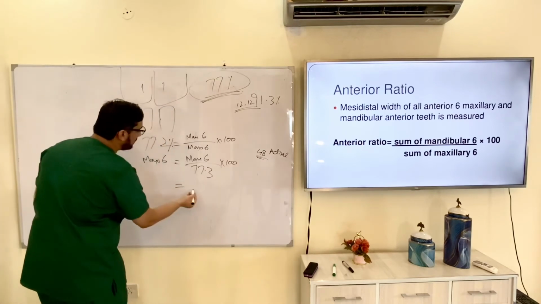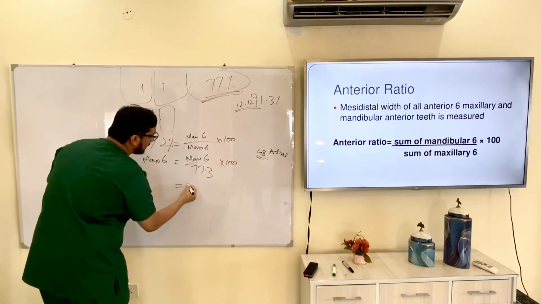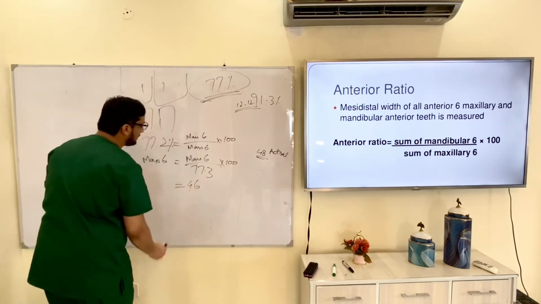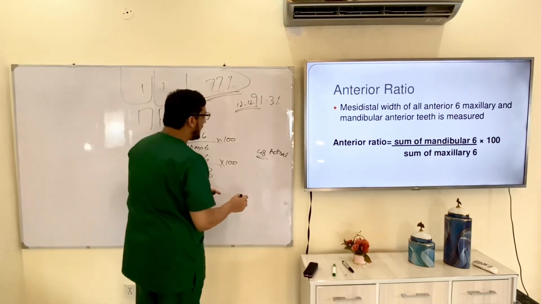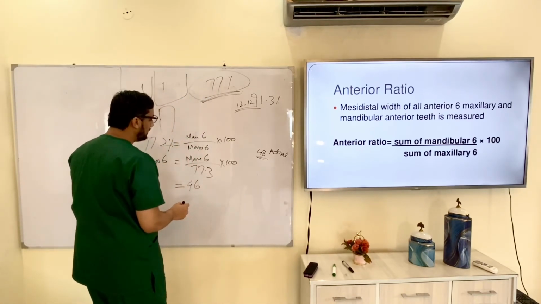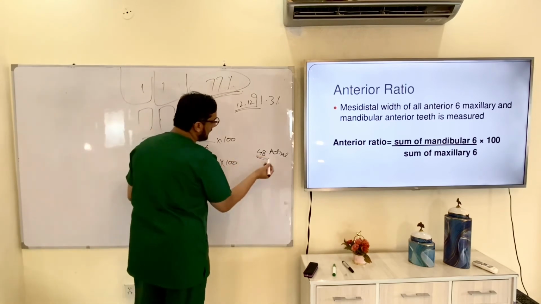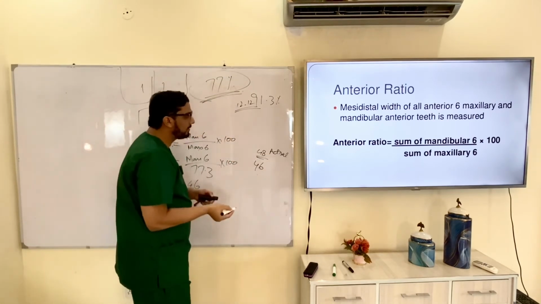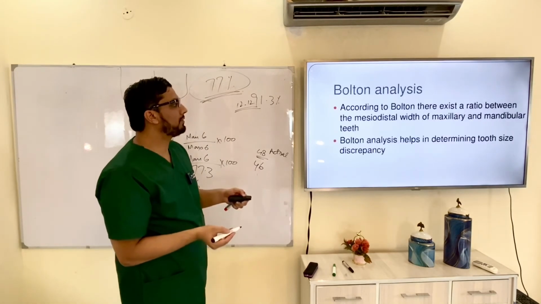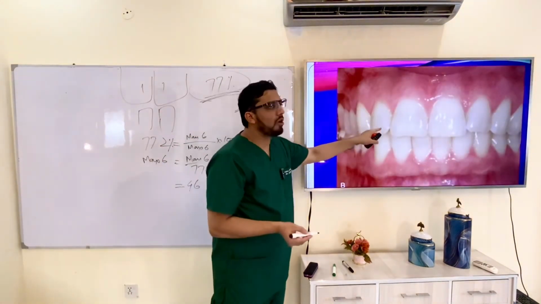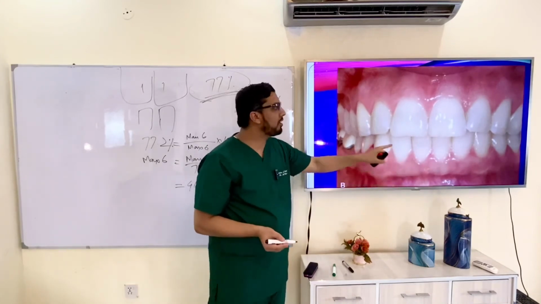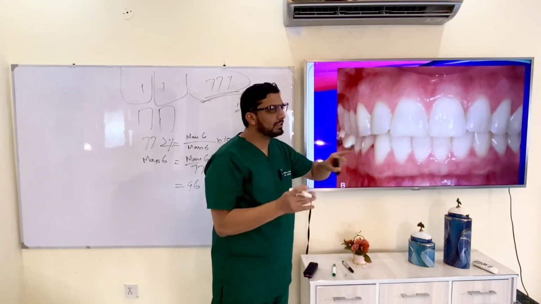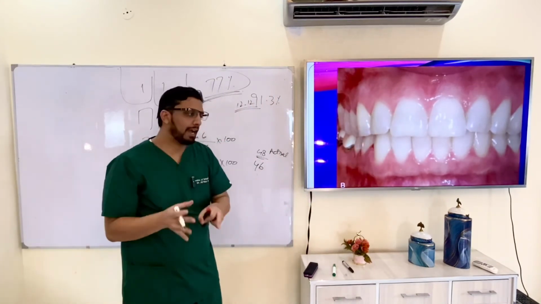Whatsoever would be the answer, let's say the answer is 46. Then you will say that the actual is 48 and the ideal is 46. Now you have to do some stripping, let's say 2 mm of stripping over here in order to match the midlines, in order to correct the overjet, overbite into the ideal situation.